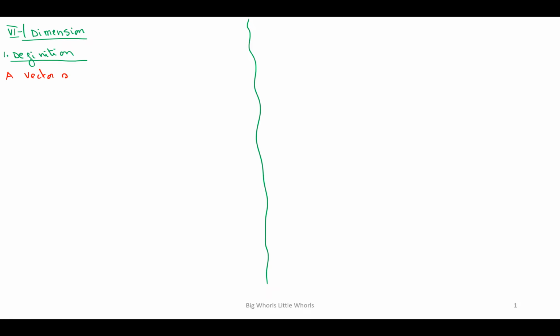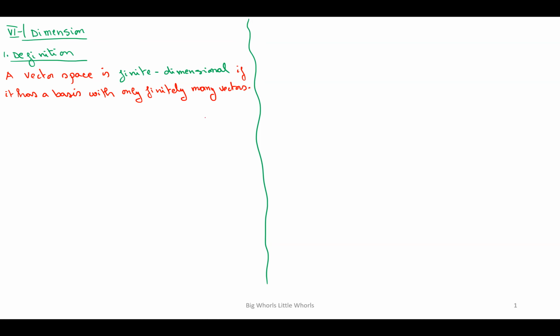So a vector space is finite dimensional if it has a basis with only finitely many vectors.